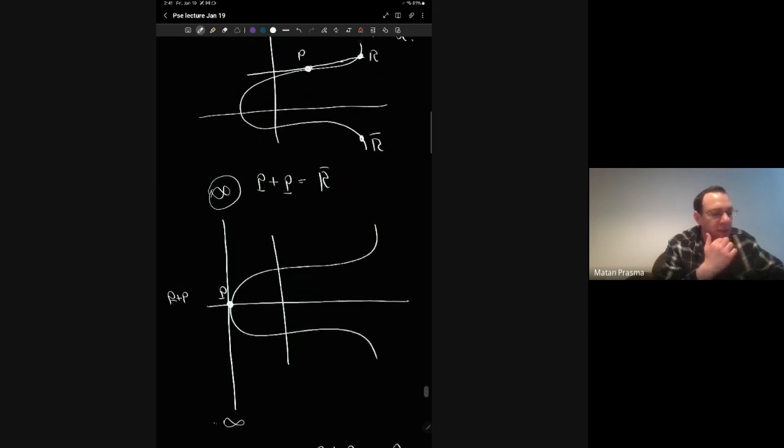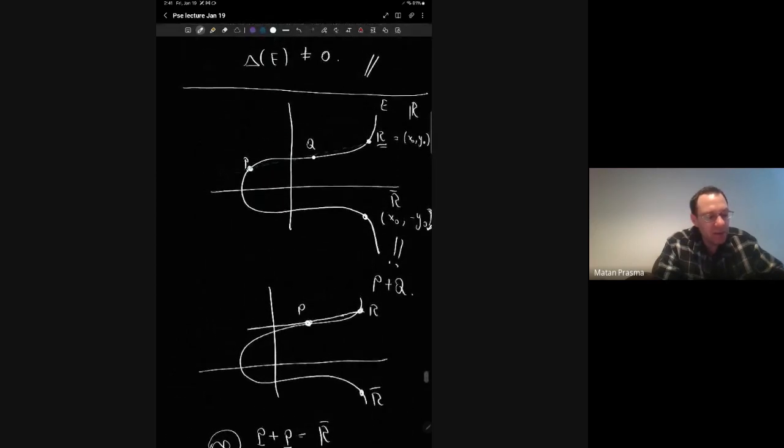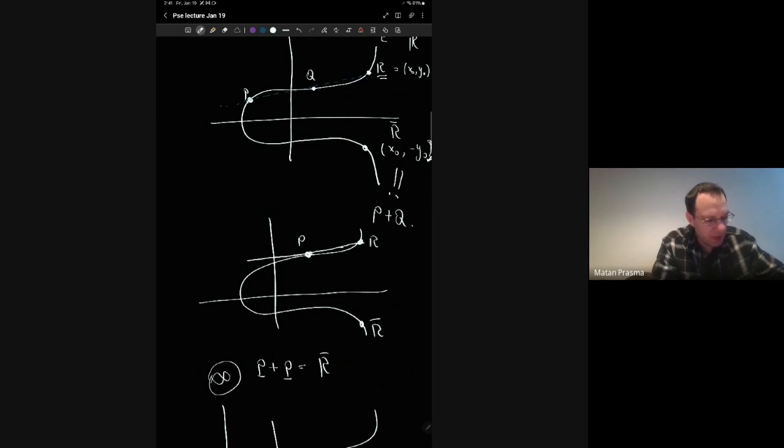But for now, a more naive motivation is: since I have a cubic, in the non-edge case, I take two points, I pass the line through these points, and I know that I must get a third intersection point, this point R. Probably what people did in the early stages was to say, let's define P plus Q simply as R. But that doesn't quite work.